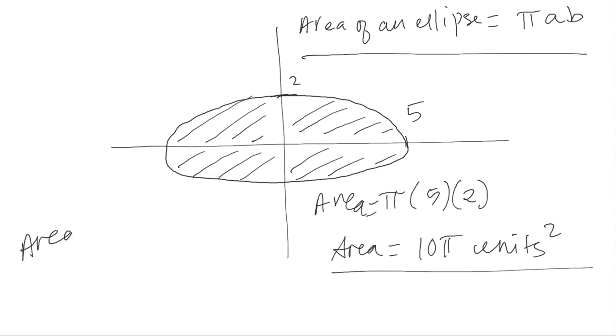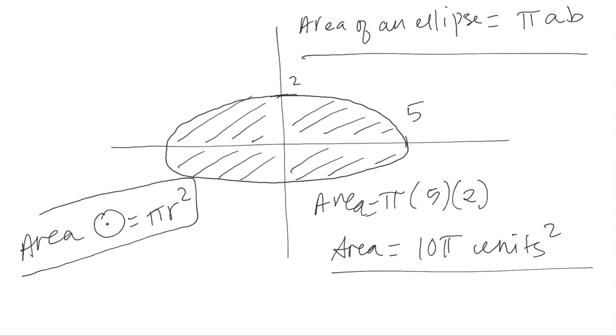Kind of like area of a circle. Area of a circle, as you know, is pi r squared, right? Let's think about that for just a second. What's the difference between an ellipse and a circle? You have two different radii. There's this one right here, that's called A, and there is this one right here, that is called B, right?